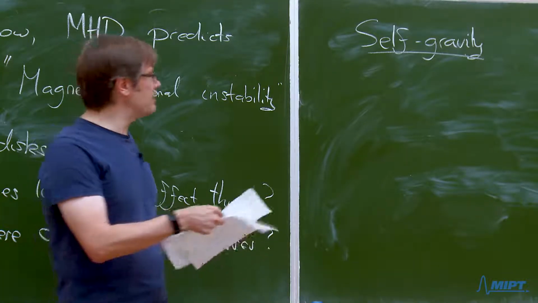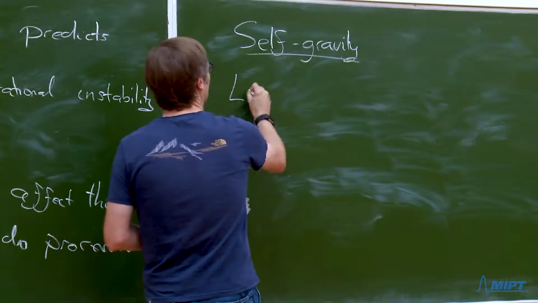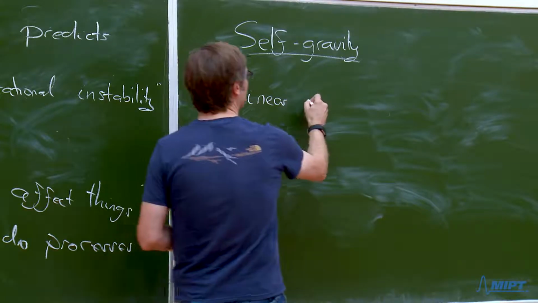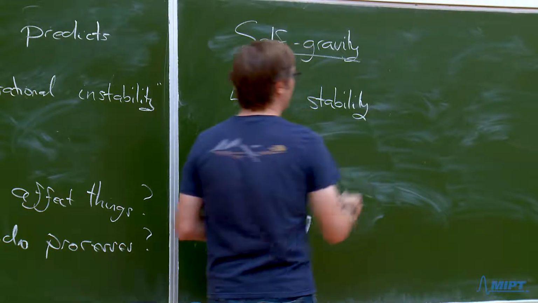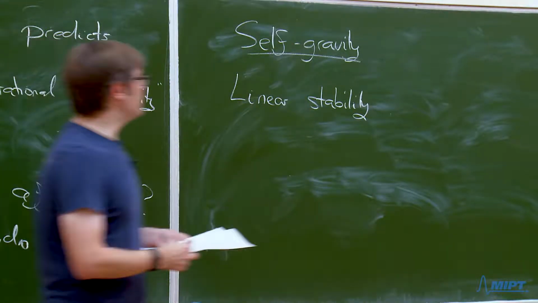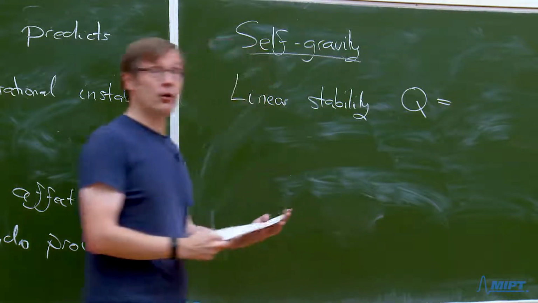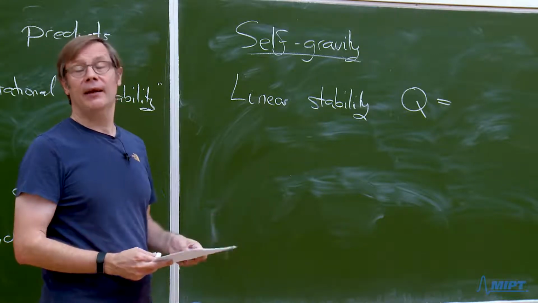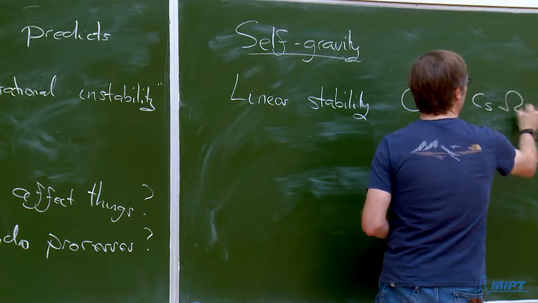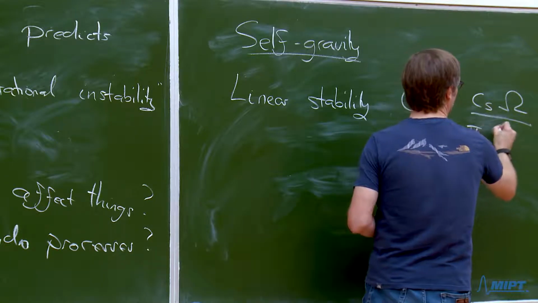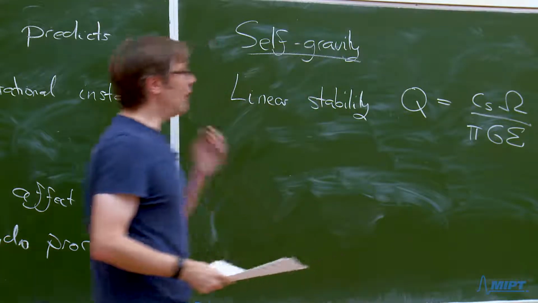So if we're in this circumstance, we know what the stability criterion is. So if we consider the linear stability, it's controlled by what's described as the Toomre Q parameter, which for a disk that's not extremely massive, so still has basically a Keplerian profile, is just the product of the disk sound speed, the angular velocity, divided by the surface density.